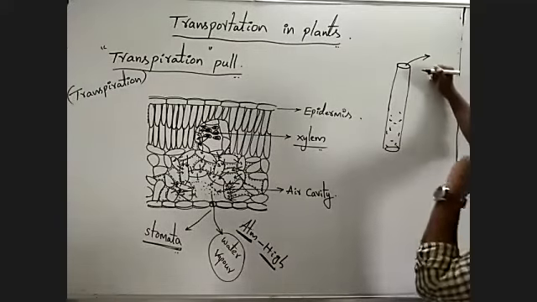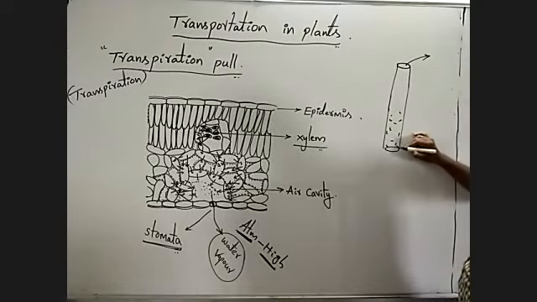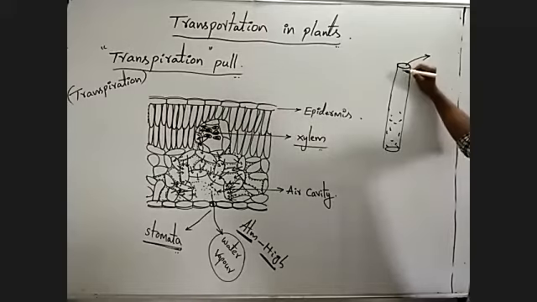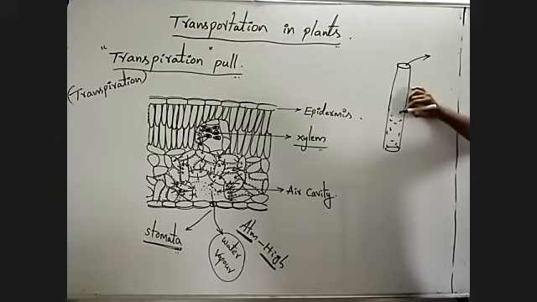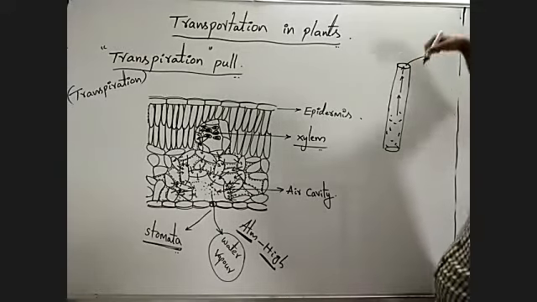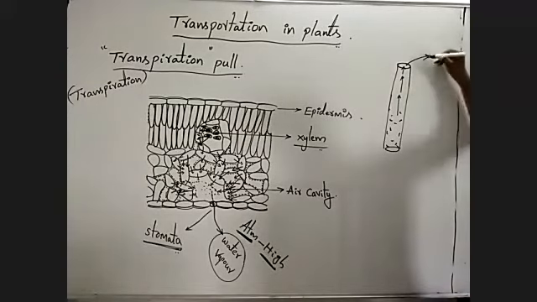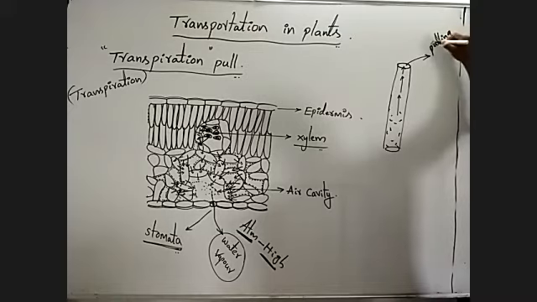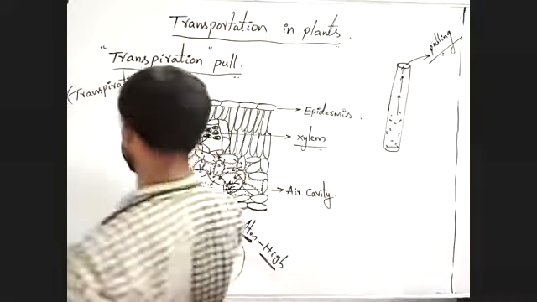Because of this water tension, the water present at the bottom of the xylem vessel is pulled towards the upper side, in an upward direction. Here a pulling effect is created by the transpiration process.